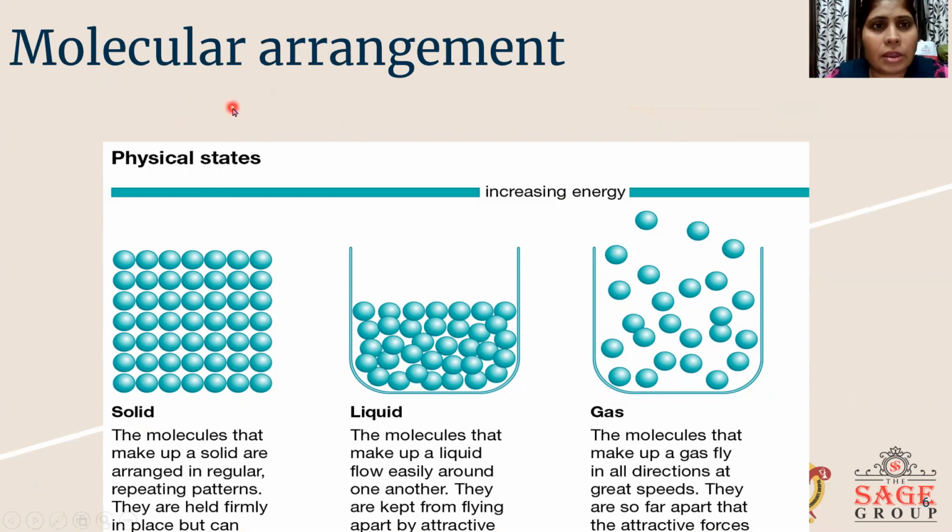See here, the molecular arrangement of solid, liquid, and gas. You can see the molecules that make up a solid are arranged in regular repeating patterns, so they are held firmly in place. The molecules of the solid are very tightly coupled.